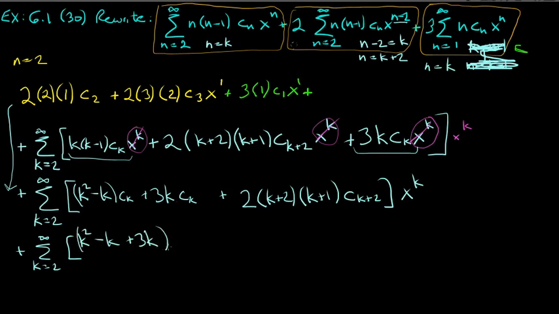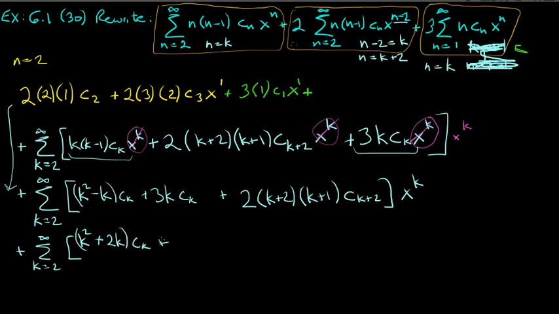This is all times ck. And this is going to stay the same here. So before we go any further, negative k plus 3k is really just 2k. So let me fix that. Yep. Negative 1 plus 3 is 2, right? So plus 2k. Yep. Plus 2k, right? Times ck.